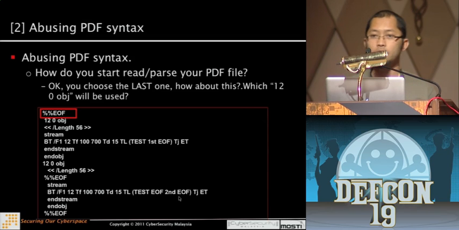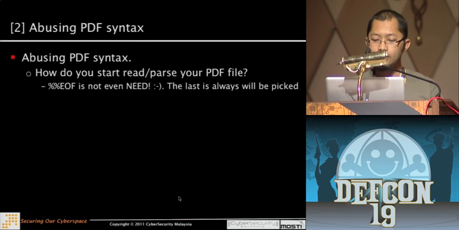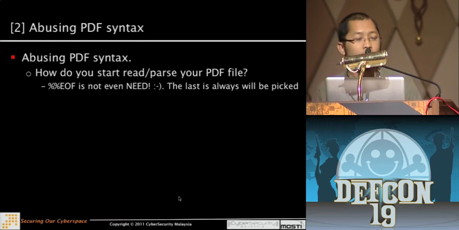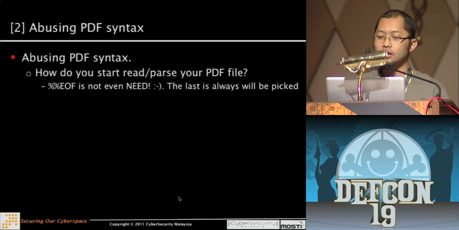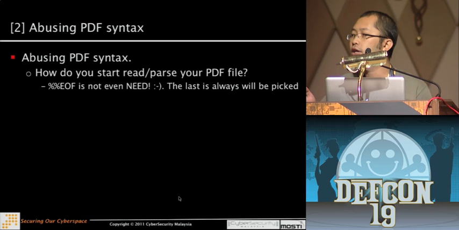I will show you a demo about this later on. And then another one here. But the truth is, the xref is not even needed. If there is no xref, your PDF application or reader can somehow manage to render it properly.